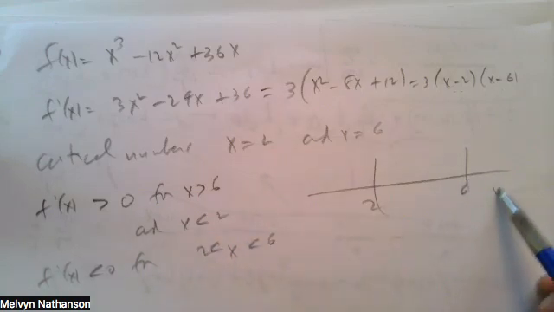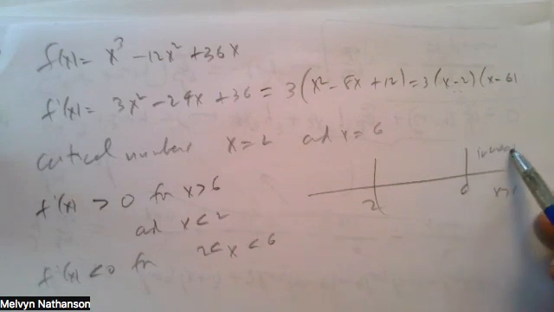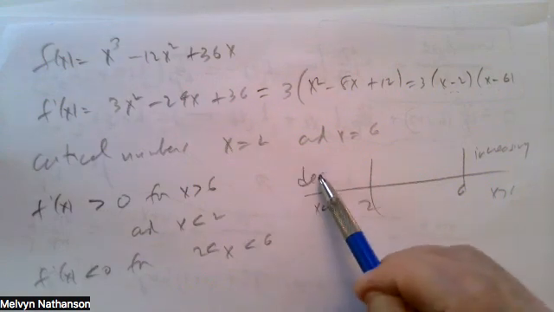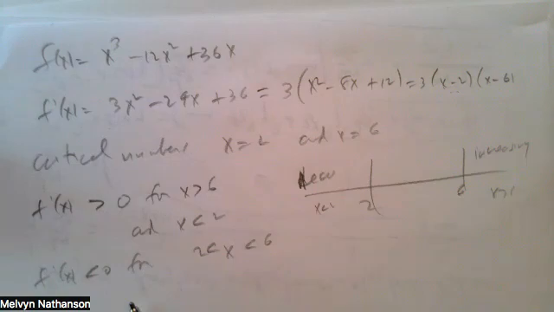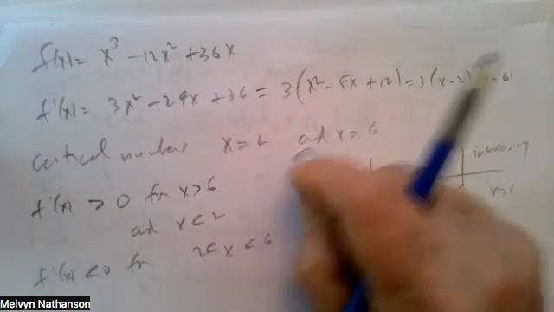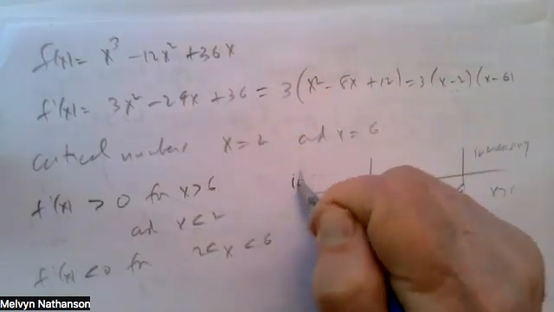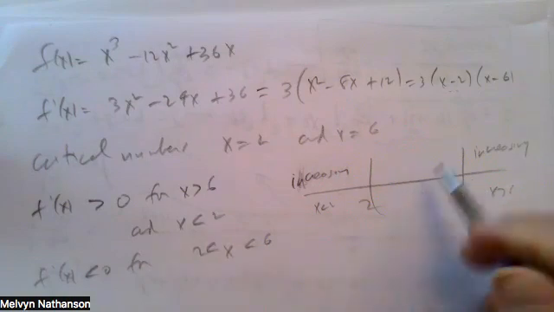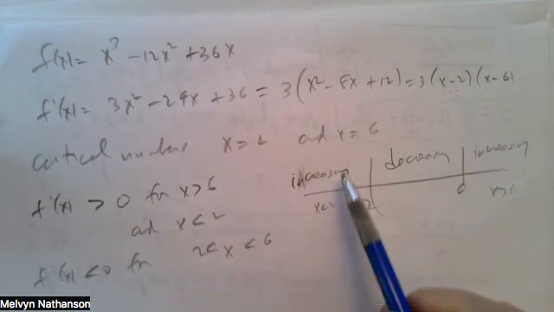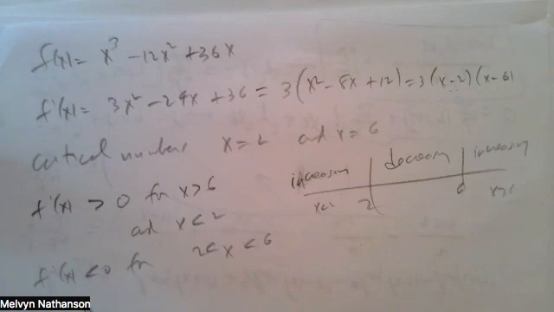So for x greater than 6, the function is increasing. And for x less than 2, the function is also increasing. And between 2 and 6, the function is decreasing. And if it's increasing and then decreasing, you have a relative or a local maximum.